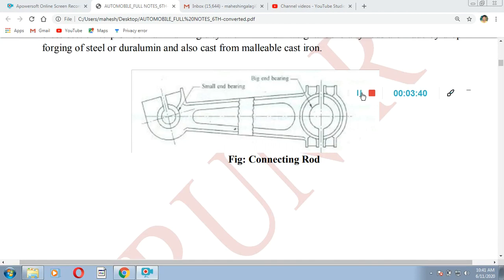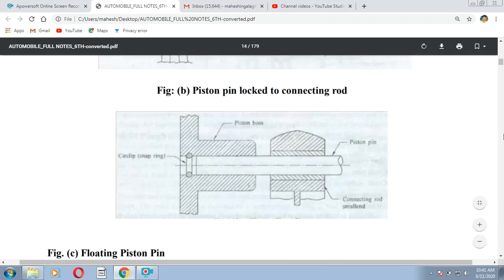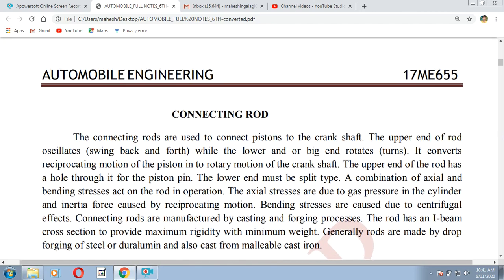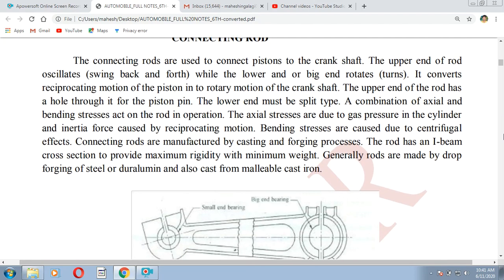Now the next essential part of the engine is the connecting rod. So what is a connecting rod? I will explain now. This is the diagram for the connecting rod. Here we have the big end bearing and small end bearing. Why it is required, and what is the construction of the connecting rod, we will discuss now. Connecting rods are used to connect the piston to the crankshaft.